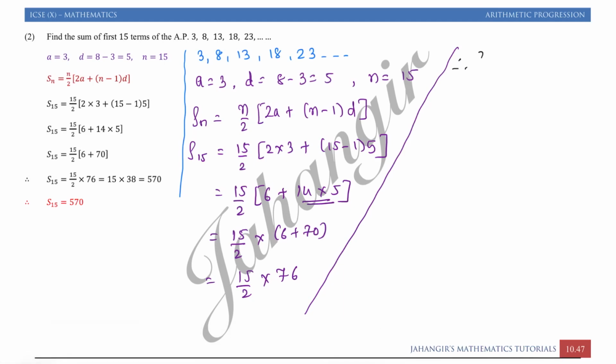So therefore S15 is equal to 15 by 2 into 76. We will cancel out: 2 ones are 2, 2 thirty-eights are 76. So 15 multiplied by 38. If you multiply 15 into 8 it is 120, 12 carry, 15 threes are 45, 57. So the sum of 15 terms is 570.